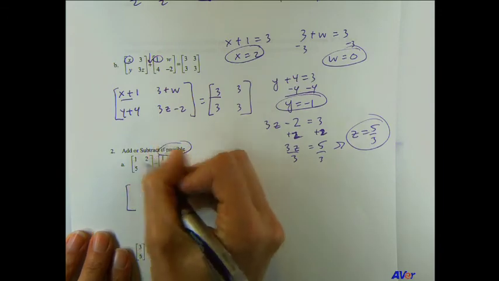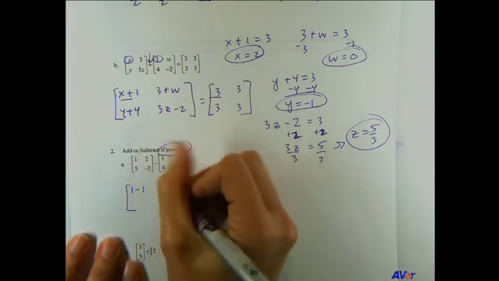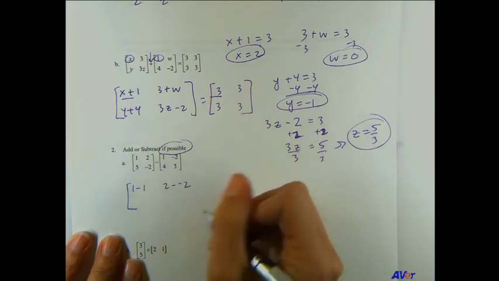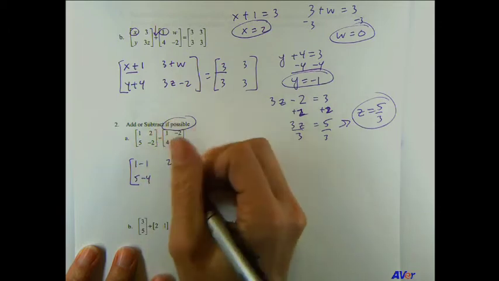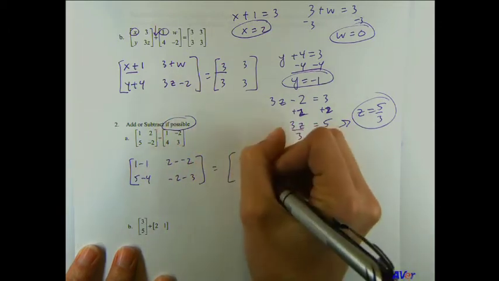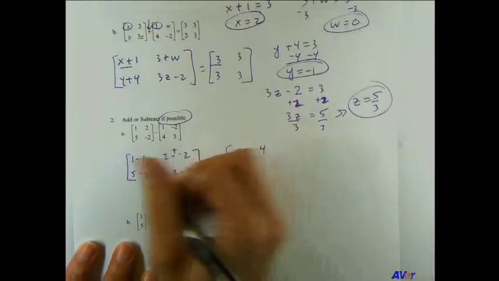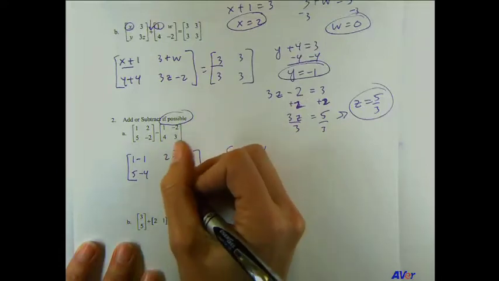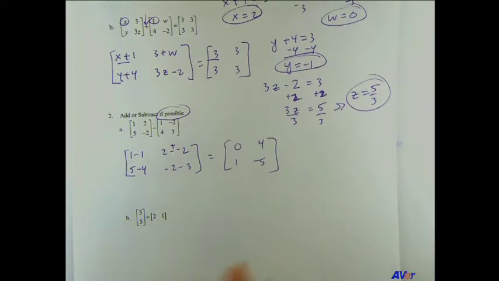So I'm going to take 1 minus 1, let me write out the subtraction. 2 minus negative 2, 5 minus 4, and then negative 2 minus 3, which would simplify to be 0. It becomes a plus. 2 plus 2 is 4. 5 minus 4 is 1. And negative 2 minus 3 would be negative 5. Again, entry to entry.